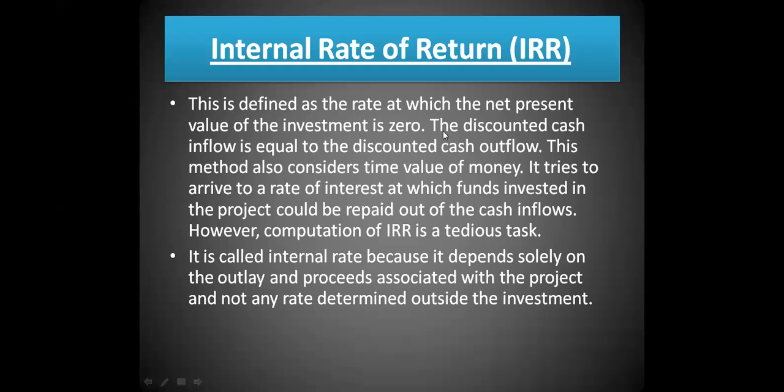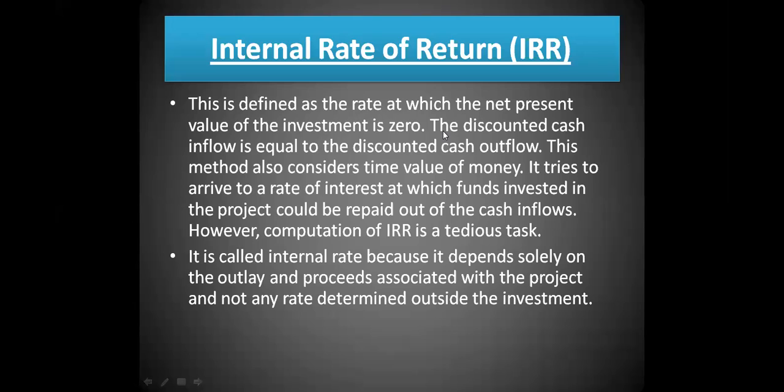So this is internal rate of return, and this is one of the modern techniques of capital budgeting. In this method also, we will consider the time value of money, and what we are trying to do is to find a rate at which the NPV will become zero.